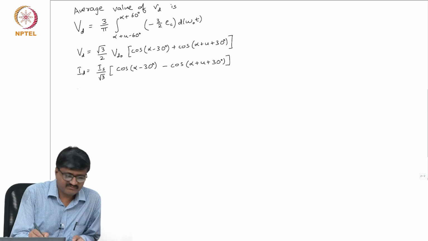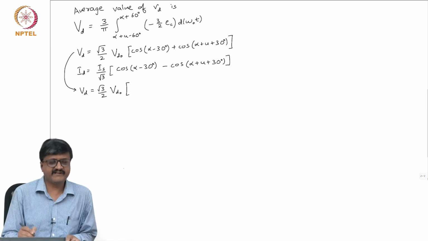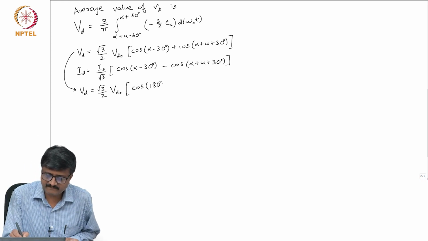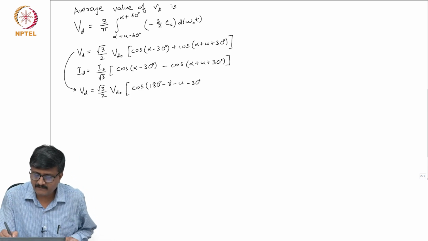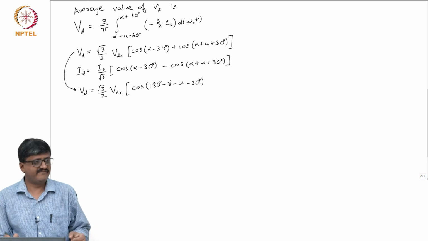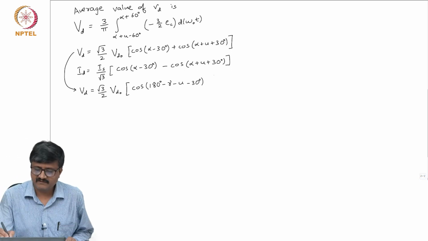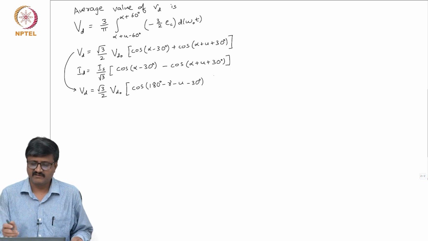Okay. So if I write the expressions, take the expression for Vd. Vd is root 3 by 2 Vdo. If I write alpha in terms of gamma, it is cos 180 degrees minus gamma minus u. See, gamma is just a definition. Gamma is given by 180 degree minus alpha minus u, that is all. There is a purpose for each and every definition.